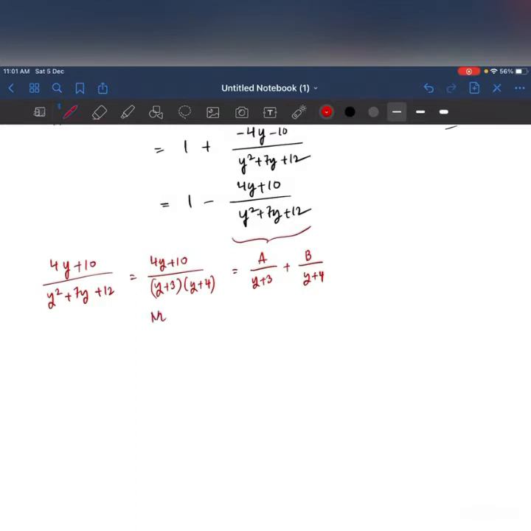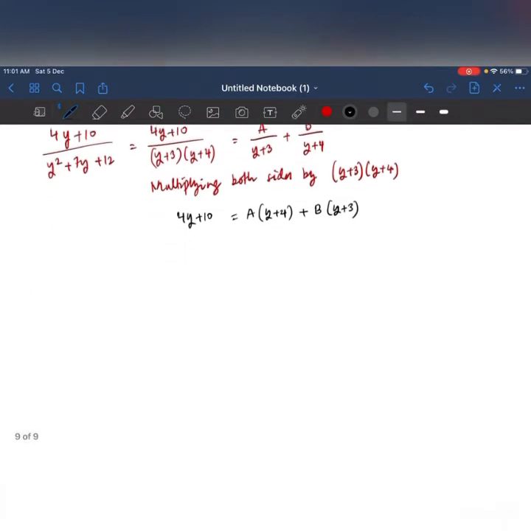So multiplying both sides by y plus 3 into y plus 4, we get 4y plus 10 is equal to a into y plus 4, plus b into y plus 3.